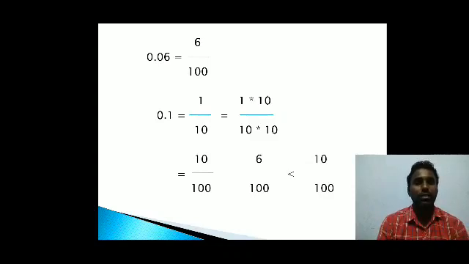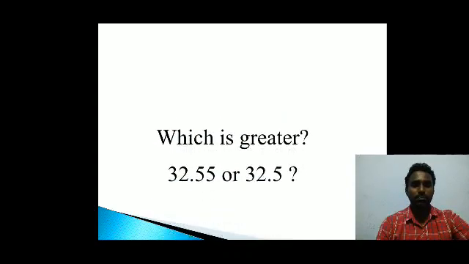Then check whether the denominators are the same, and if not, check whether it is possible to make them the same. Then you can compare. Now 6 by 100 is less than 10 by 100, and 10 by 100 is 0.1. So obviously 0.1 is greater than 0.06. Understand, students?